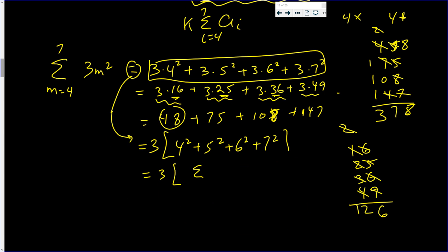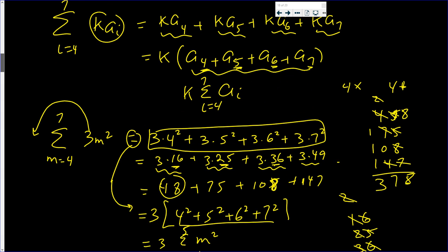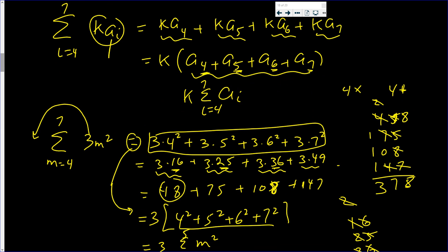Then you have the summation of m squared as m goes from 4 to 7. You can pull out the 3 and it makes life easier. And we showed this up here. Here, a sub i is just m squared. You can pull out the k in front of the sigma notation.